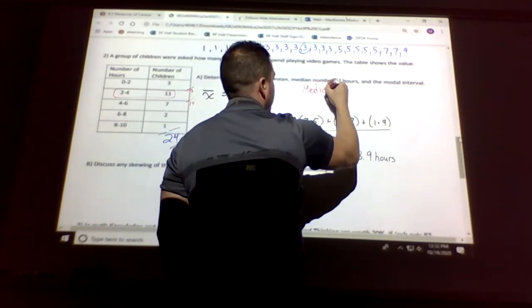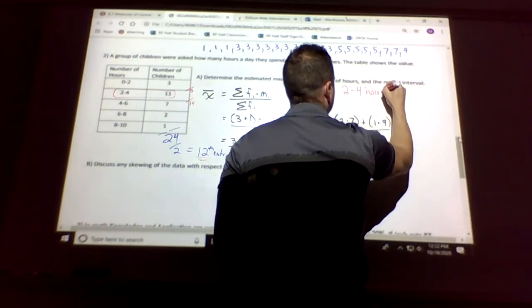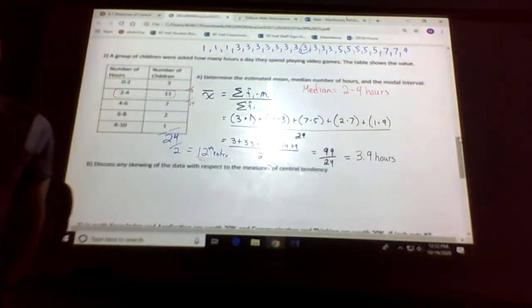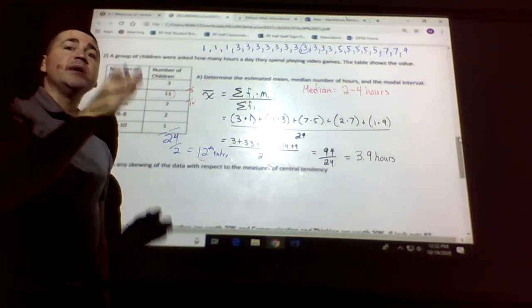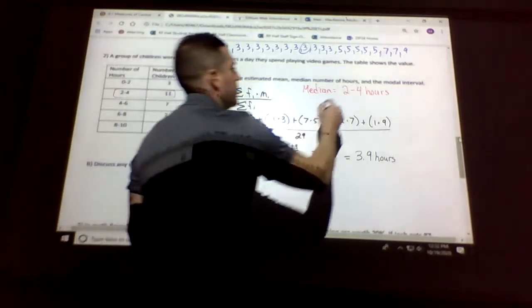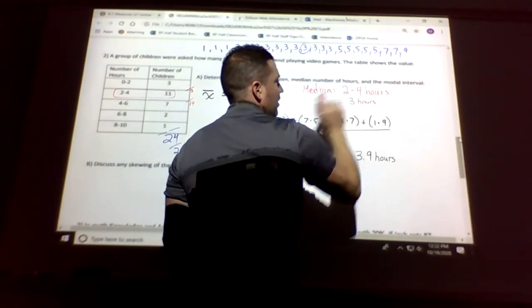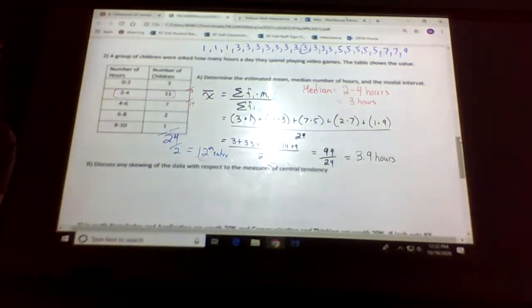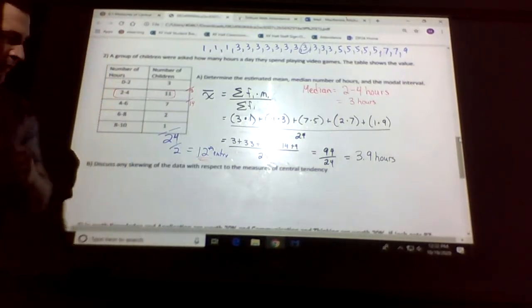So the median is from 2 to 4 hours, but you want the middle of that. The middle from 2 to 4 is 3. So our median would be 3 hours.